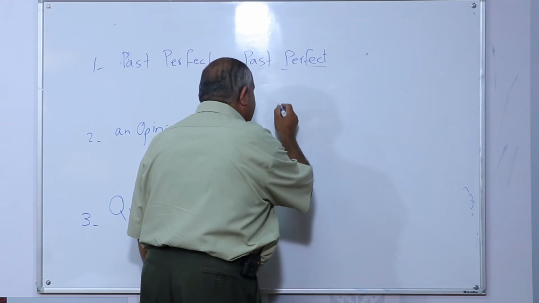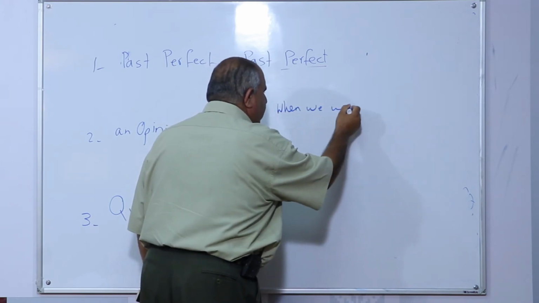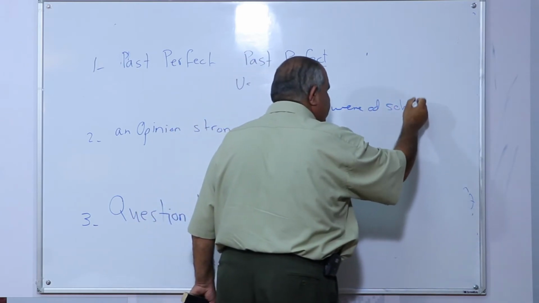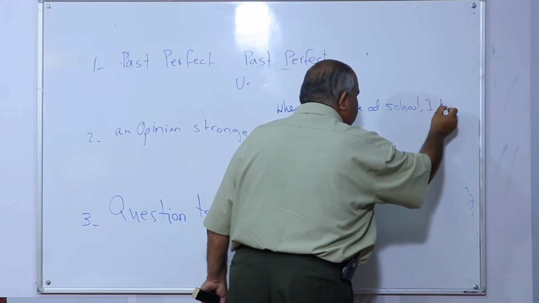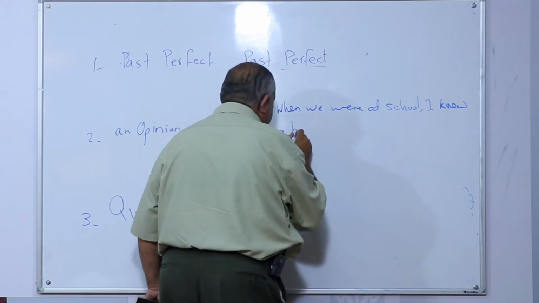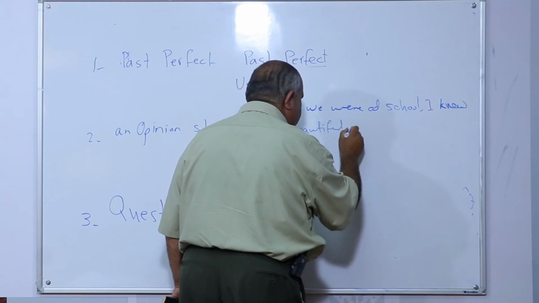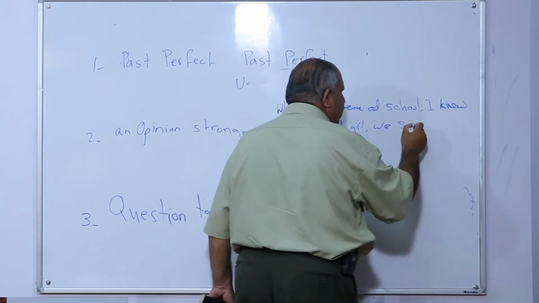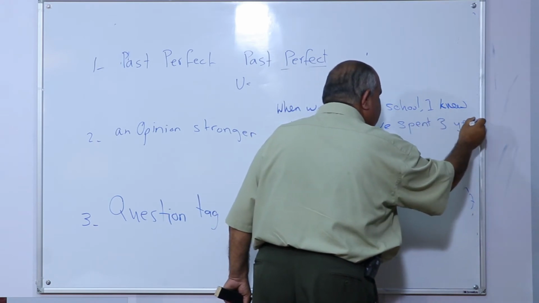For example, we say, when we were at school, I knew a beautiful girl. We spent 3 years together.